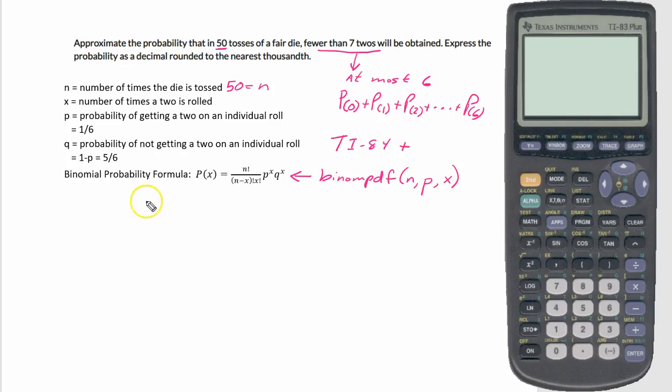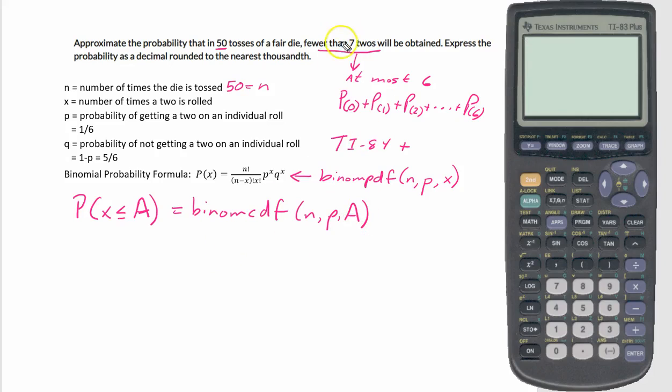But there's also this command. If you want the probability of getting at most capital A 2s, then that's a cumulative probability, so it's binom CDF, and we put in n, p and A. And that's the one you want to use here.